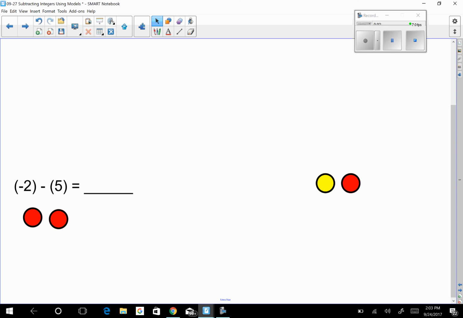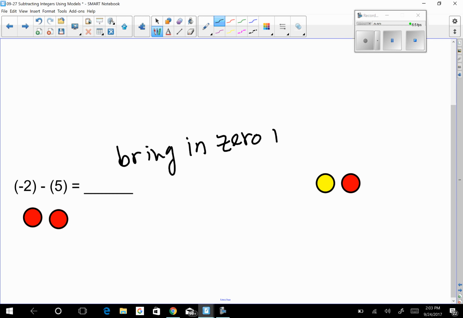And the way we're going to do that is to bring in 0 pairs. Okay, bring in 0 pairs. By that, I mean we're going to bring in 1 positive and 1 negative. Because remember, 1 positive and 1 negative together is equal to 0.